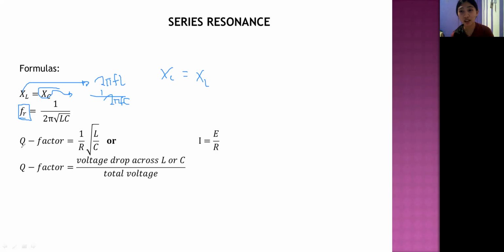You can simply have the Q factor of series resonance as the voltage drop across the inductance or capacitance over the total voltage.